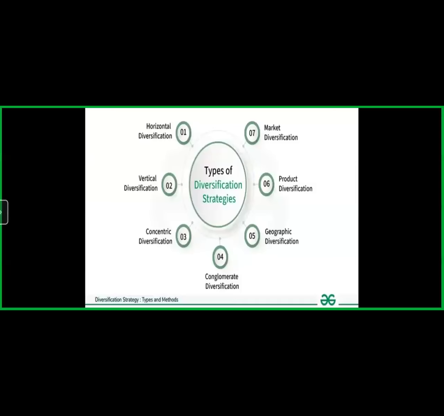In horizontal, we have seen that it is exactly similar, whereas here in concentric this is the diversification strategy where the company expands its business by adding new products or services that are closely related to the products or services of the company.